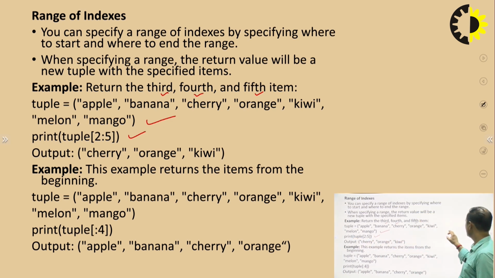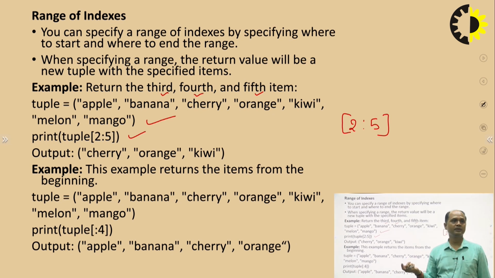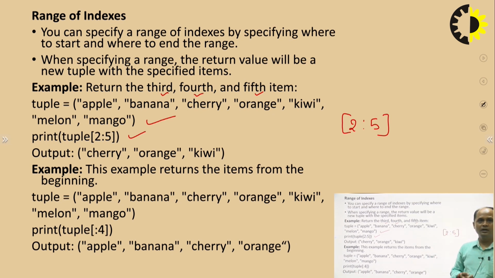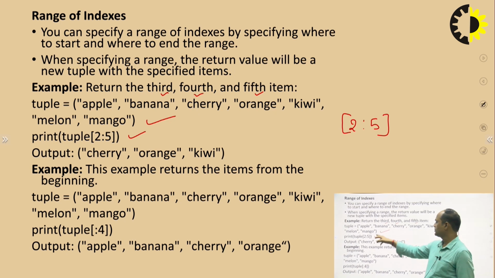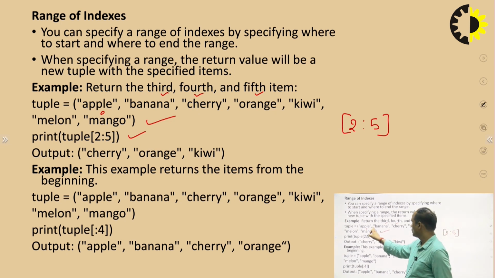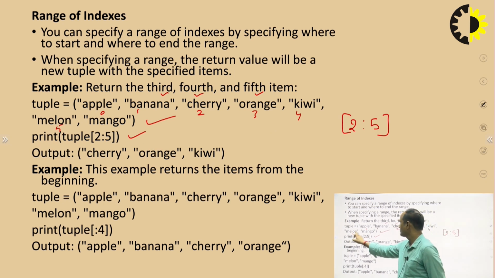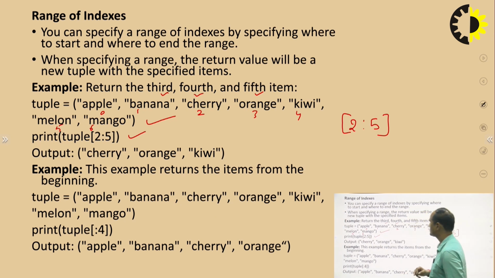We put 2 colon 5 in the square brackets and simply print it. So what is the output of this particular range? Suppose indexing is 0, index 1, index 2, 3, 4, 5 and 6. These are the index numbers.